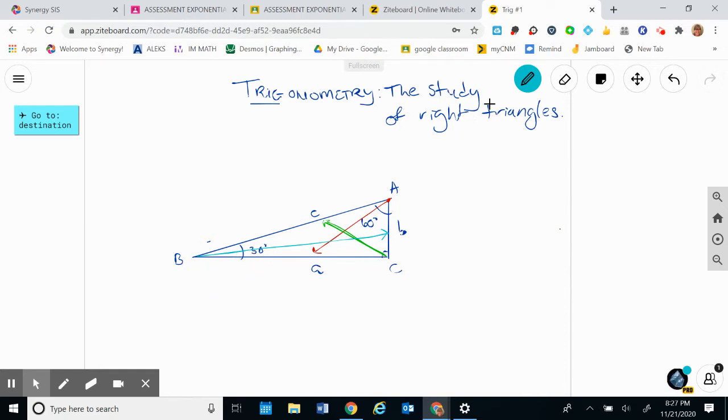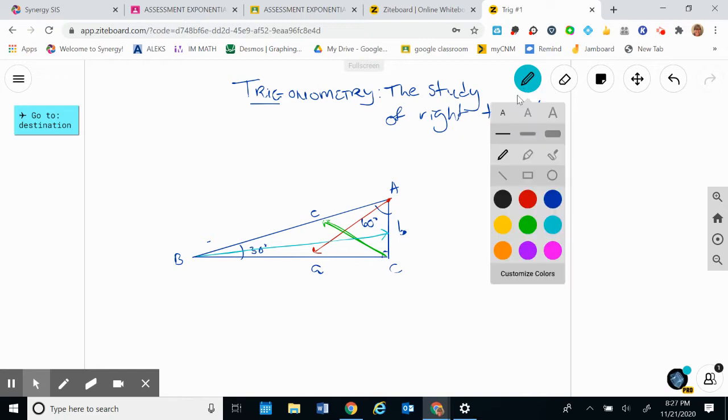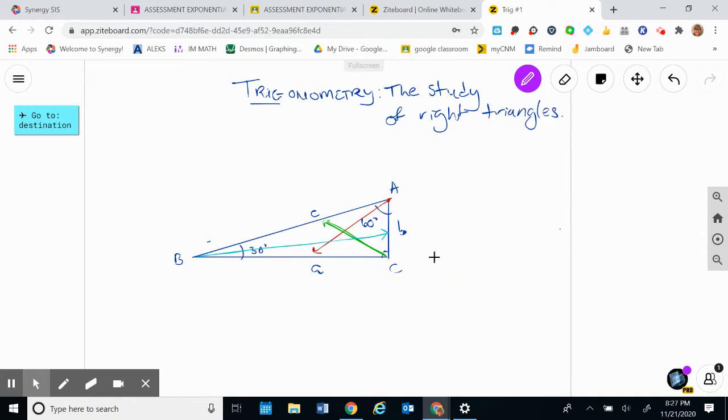But what they noticed when they looked at right triangles, and what you would notice too, is this. What happens if I take this side and I put it over, for example, A? What they got was a ratio, and it is unique to this triangle.